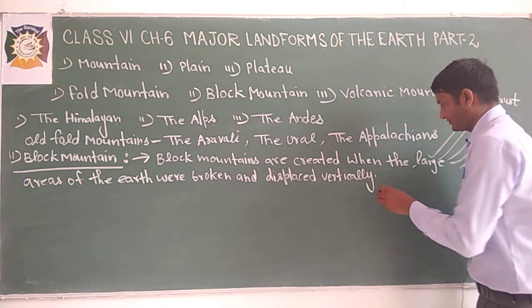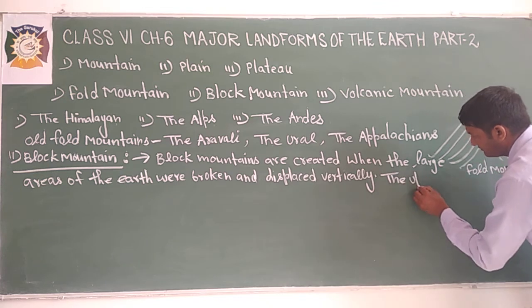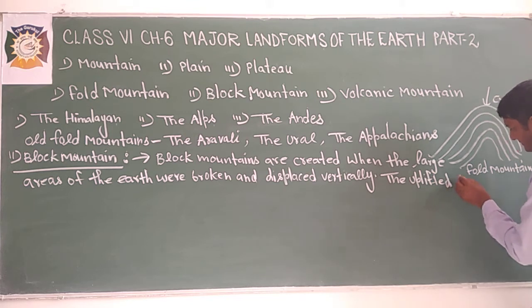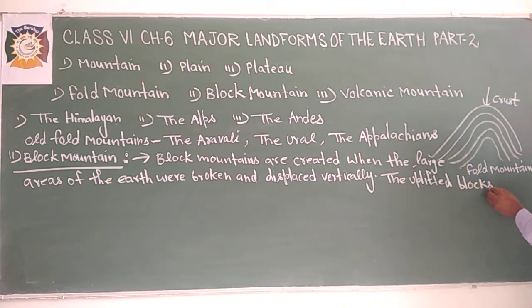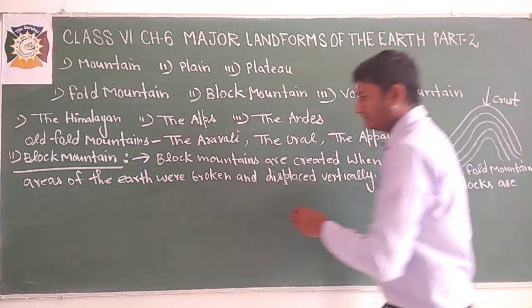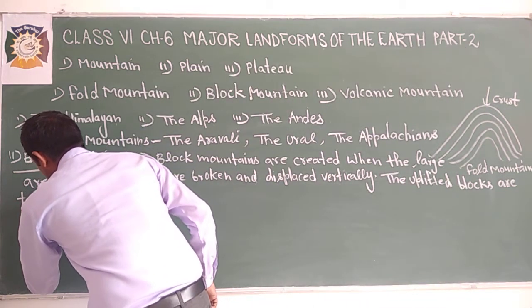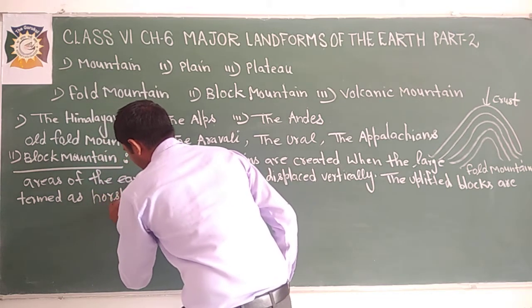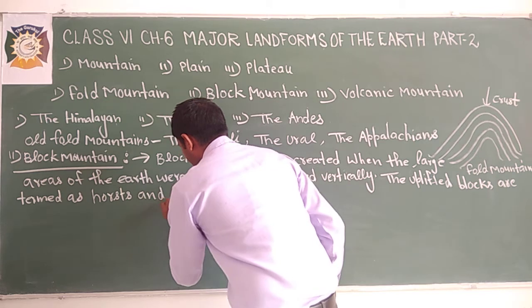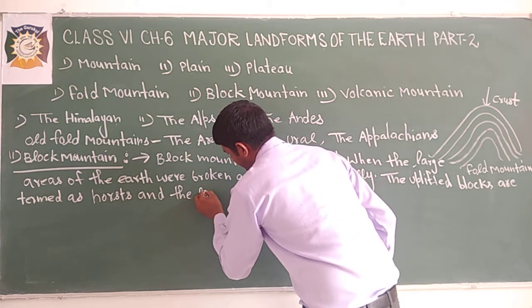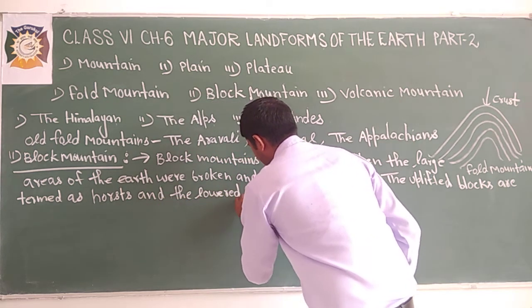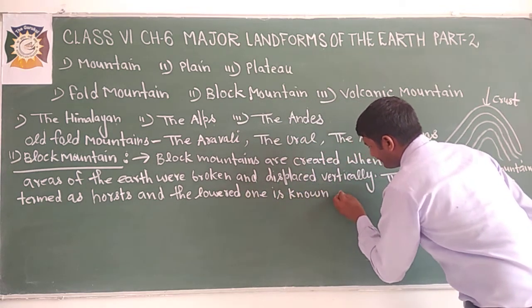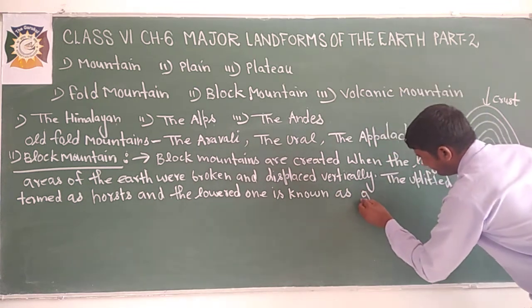The uplifted blocks are termed as horst, and the lower one is known as graben.